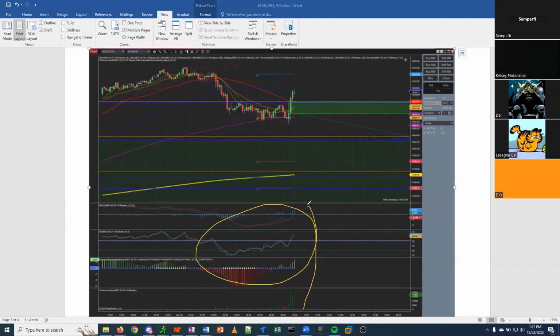So the only two things that will work are price action and volume. So paying attention to candle development and volume. Those are two key components that will help you get in, get out, or stay in a trade.